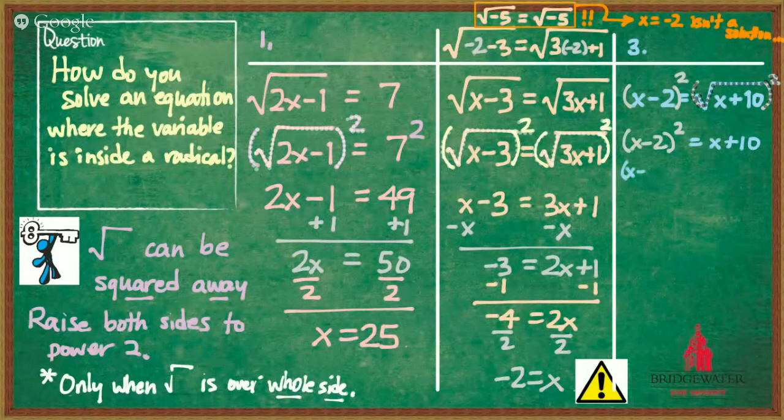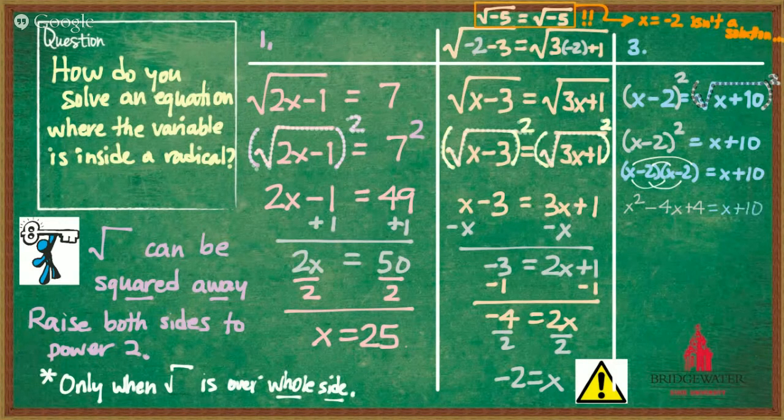So we could and should change that square into a multiplication, and use the FOIL technique to multiply everything out. Here I'm going to end up with x squared minus 2x minus 2x plus 2 times 2. And then on the right-hand side, I'll have x plus 10.